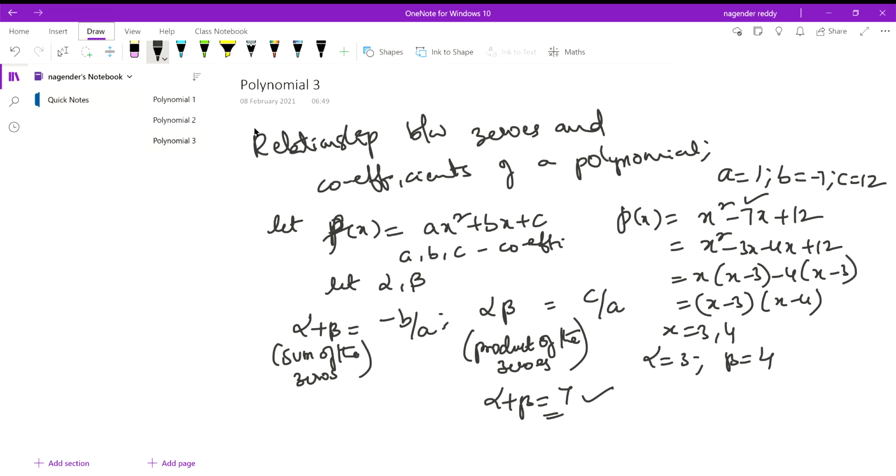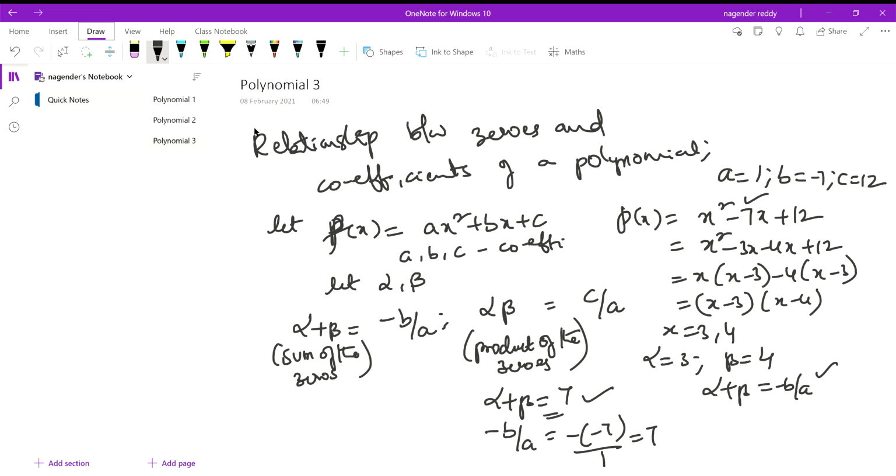Okay, keep it like that. And I'll go for minus b by a. Minus of the b value, minus 7, by the a value, 1. So you are getting 7. That means I can conclude that alpha plus beta is equal to minus b by a is satisfied.